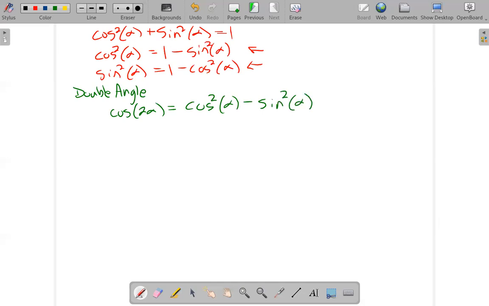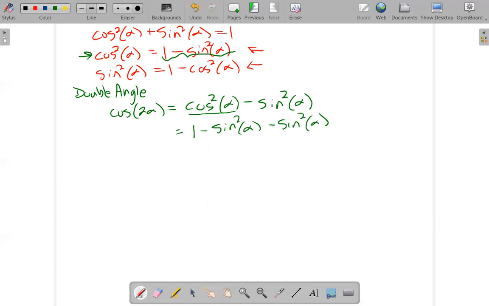Okay, so the first thing I'm going to do is I'm going to apply this up there. So this says that if you have a cosine squared, you can replace it with 1 minus the sine squared. So I can just replace this part right here with 1 minus sine squared. So 1 minus sine squared of alpha is this part, and I still have a minus sine squared there.